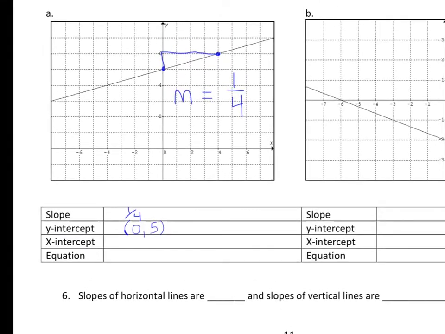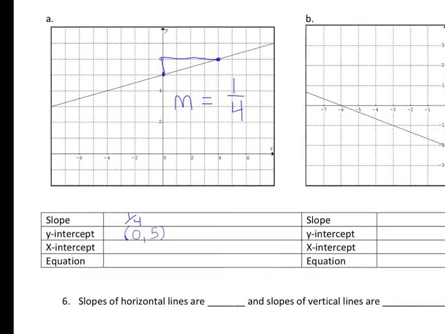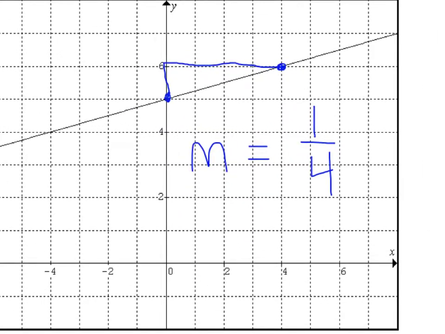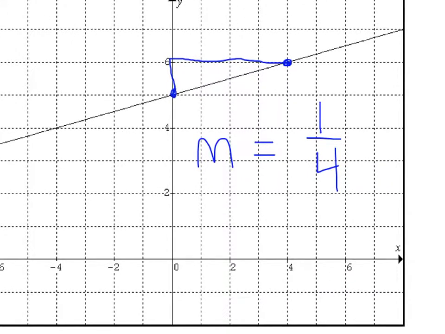If I zoom in on the graph again, we can see that it's crossing the y-axis right here. That's our y-intercept. And the x-intercept is where it's crossing the x-axis.